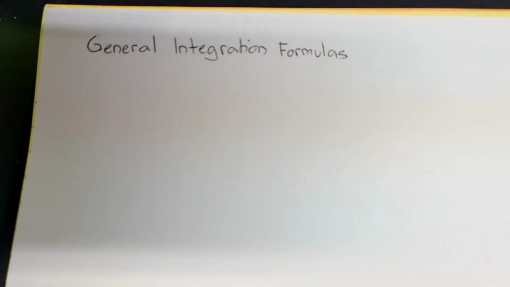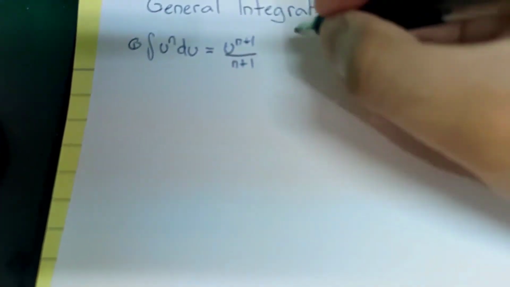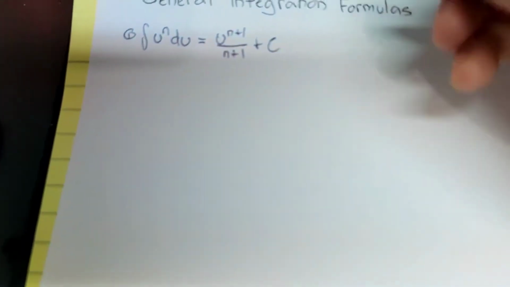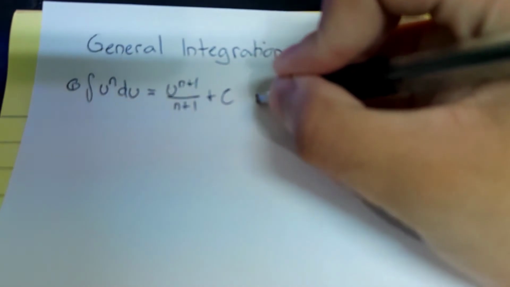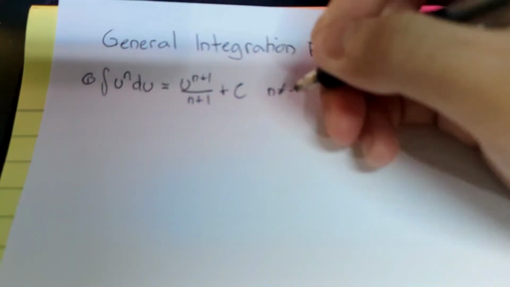Next we have the general integration formulas, and we have 4 formulas for general integration. First will be the power formula. The integral of u, which is our function, to the n du will be equal to u to the n plus 1 over n plus 1, similar to the power formula, plus c, and this is only applicable if n is not equal to -1.